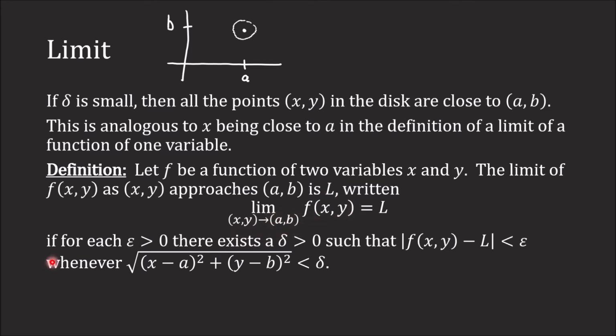If for each epsilon greater than 0, there exists a delta greater than 0, such that the absolute value of f(x, y) minus L is less than epsilon whenever the square root of (x minus a) squared plus (y minus b) squared is less than delta. So again, this is a practically identical definition to the single variable limit.